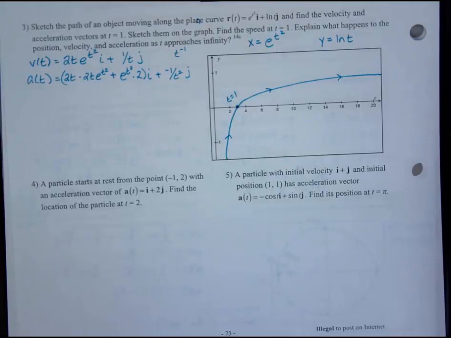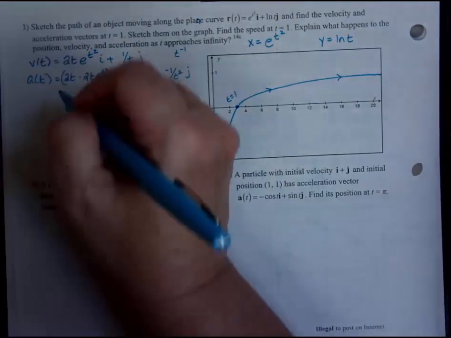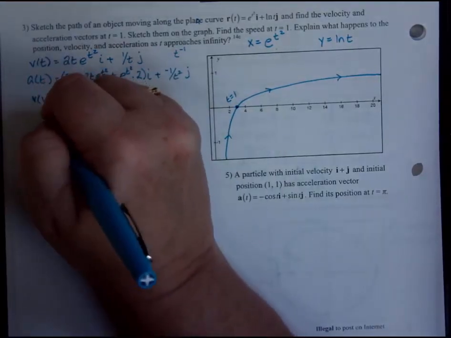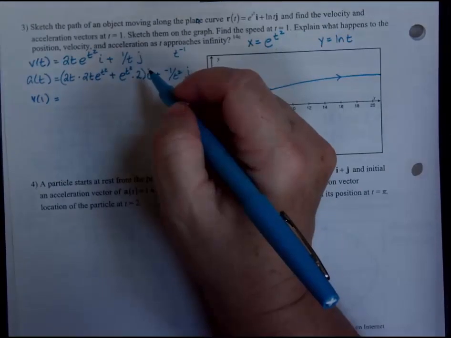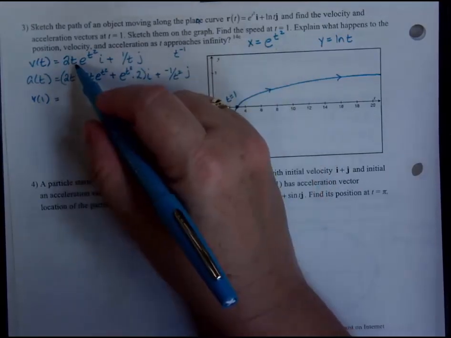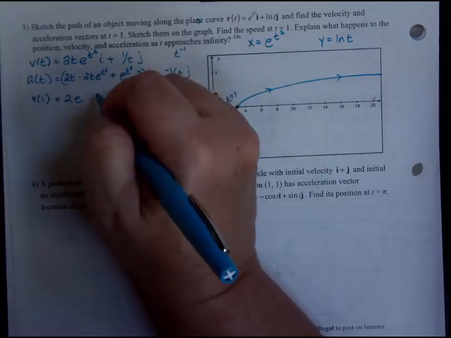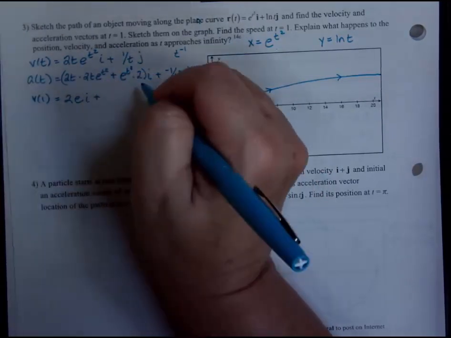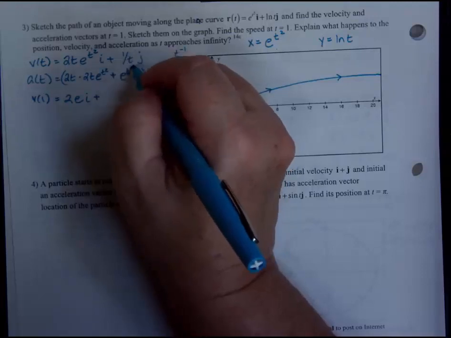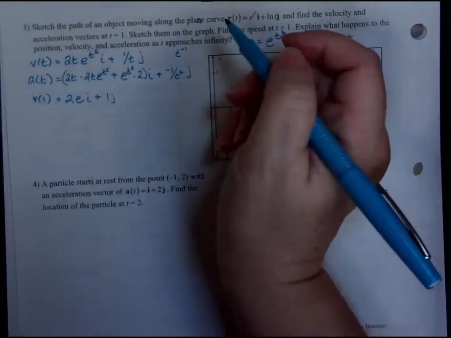Now they want to know v of 1 and a of 1, and we need to graph them. So v of 1. 2 times 1 is 2, so 2e to the first i, plus 1 over 1 j.